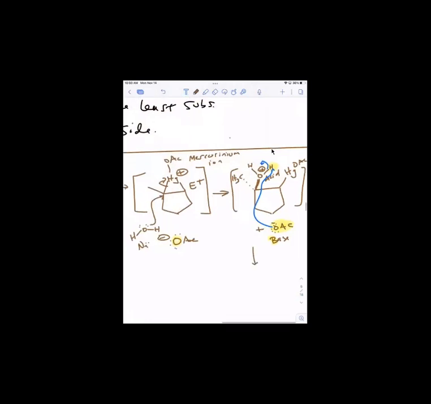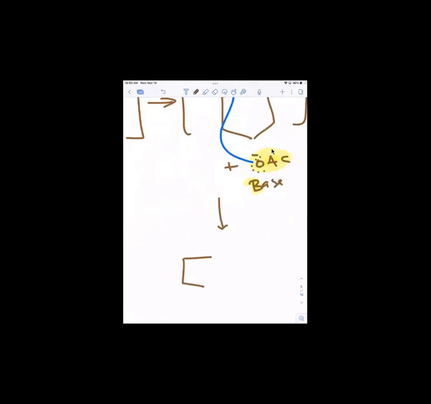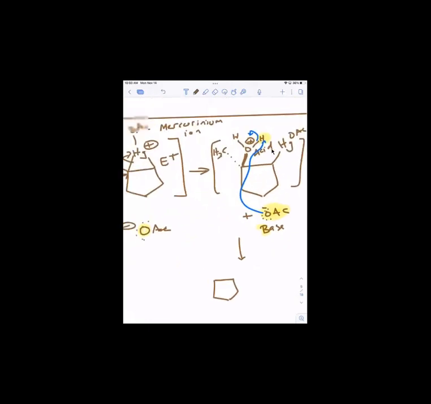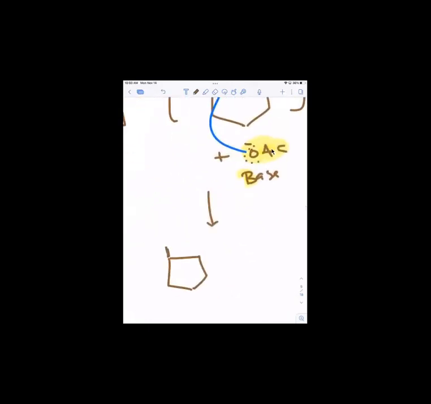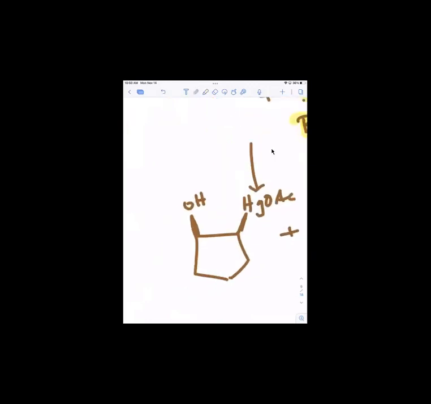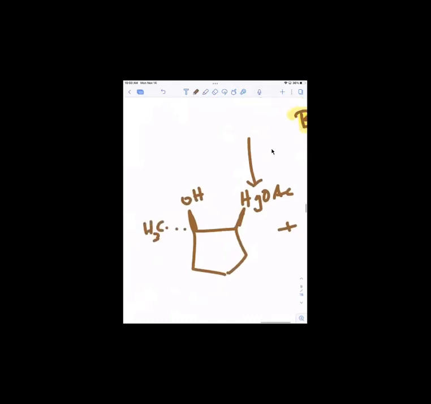So you'll end up with this as the final product of that first step. That's OH, HgOAc plus, right? This is the proton that got pulled off. And I need to put that methyl group back in. Right, so this is the product of that.